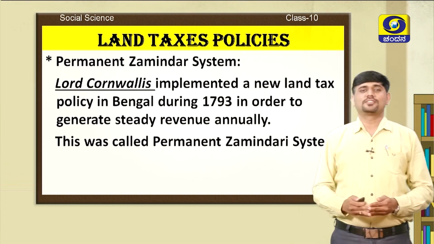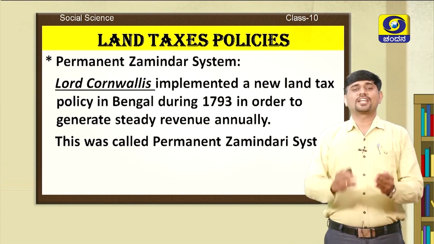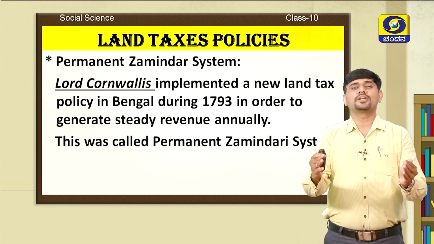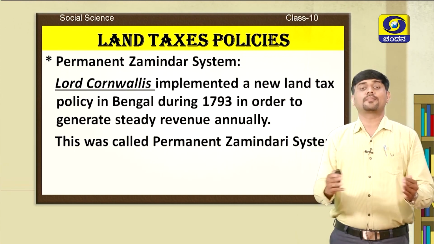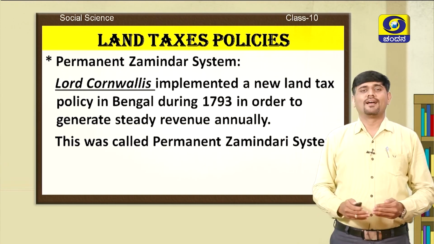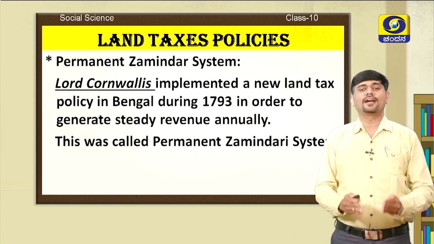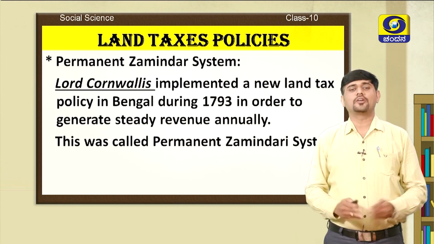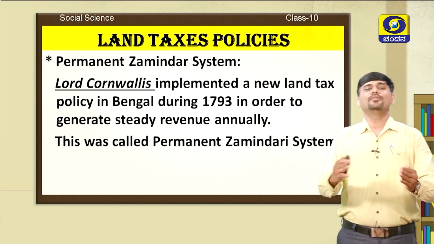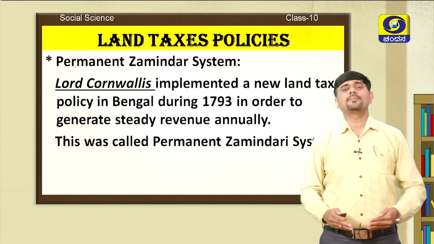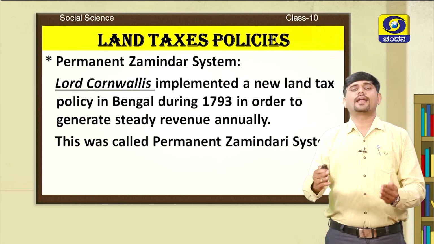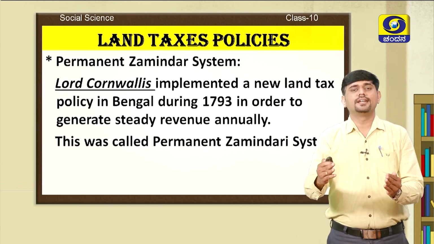My dear students, among the land reforms made by the British East India Company, the first one was the permanent Zamindar system. Lord Cornwallis implemented a new land tax policy in Bengal during 1793 in order to generate a steady revenue annually. There was a reason behind the collection of land revenue from the Indian provinces.